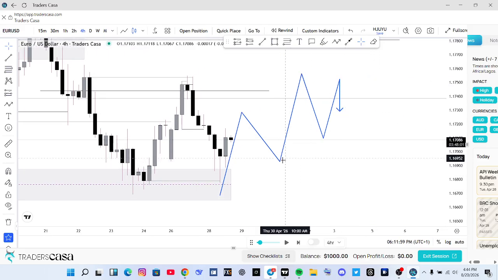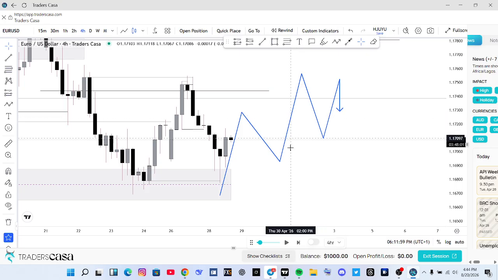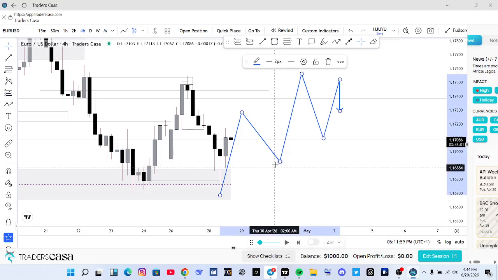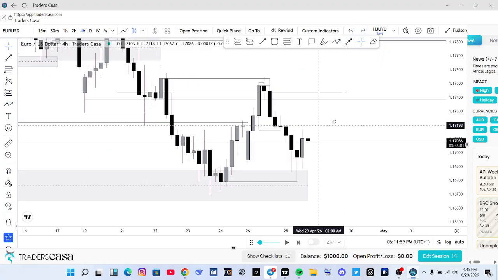Now this zone here, since it was able to give us a break, especially if it swept an inducement or liquidity before giving us this break, it is a strong low on that time frame. Why I said on that time frame is because sometimes your daily time frame might be retracing. So on your daily time frame, this place might be weak, but on that particular 4 hour, this zone is a strong structure. I hope we are following.